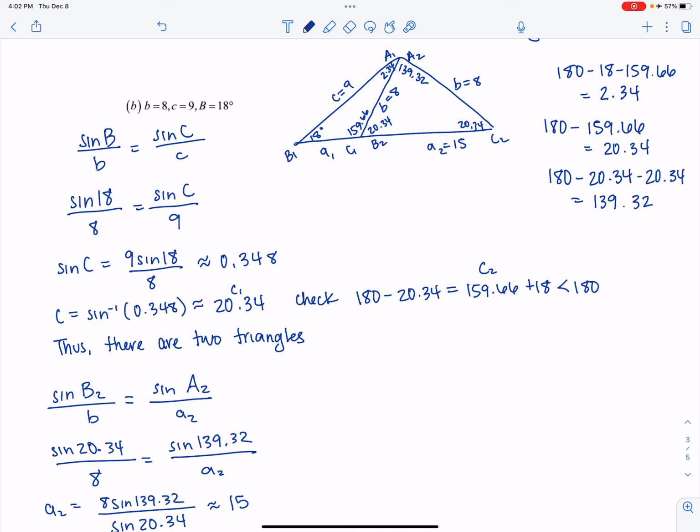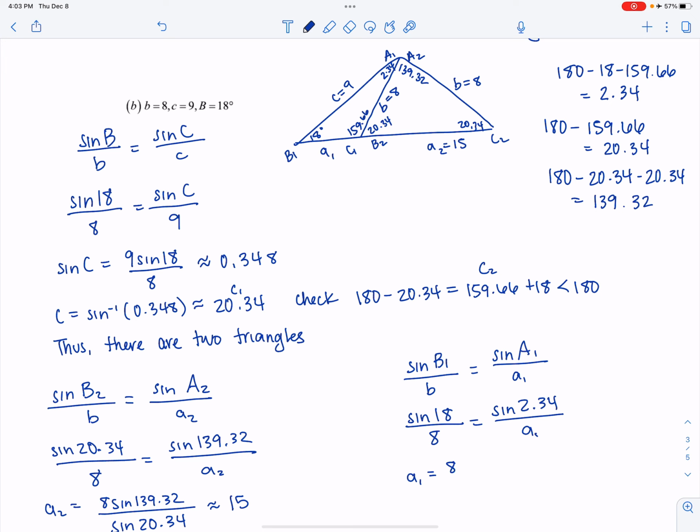And we have one last one to solve. So we can do sine of B1 over B and sine of A1 over A. So this gives us sine of 18 over 8 equals sine of 2.34 over our missing value A, which leads us to 8 sine of 2.34 over sine of 18.